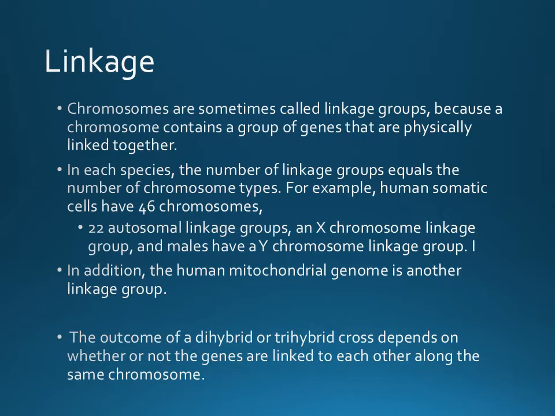In addition, the human mitochondrial genome is another linkage group. And the outcome of a dihybrid or a trihybrid cross depends on whether or not the genes are linked to each other along the same chromosome.